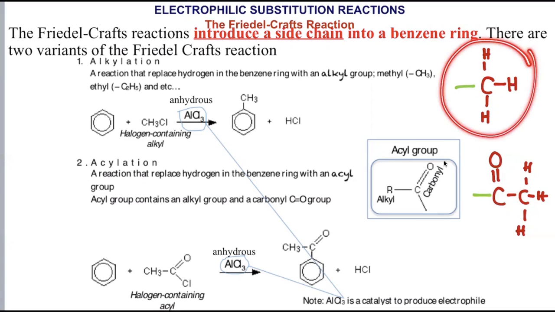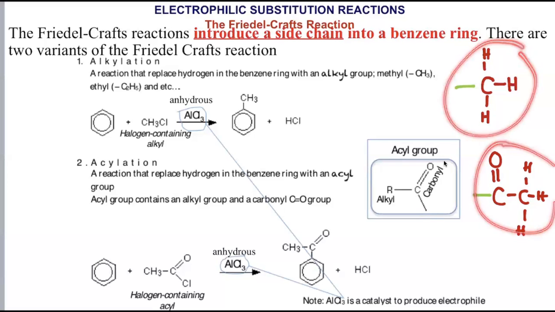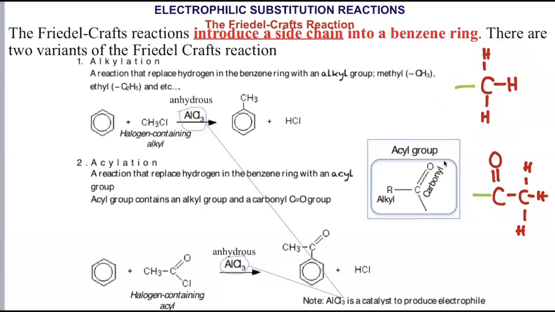Okay, right. So what conditions do you need to attach these groups onto your benzene ring? I'll deal with the alkylation first, the alkyl group. If you want to attach a CH3 onto a benzene ring, that means the CH3 is your reagent.